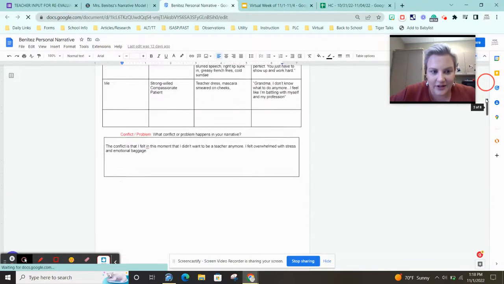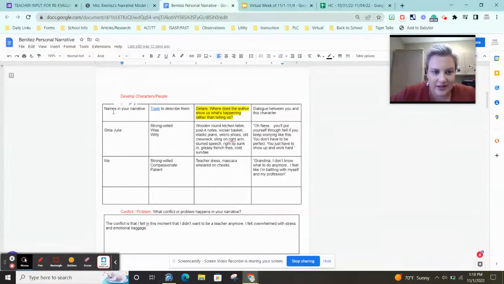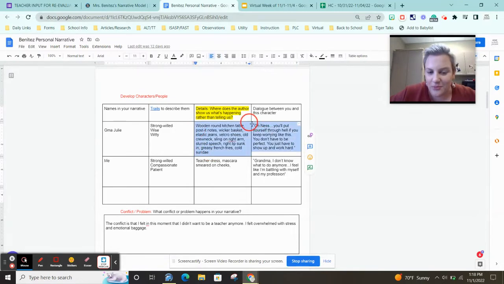Then you're going to fill out characters in your story, including yourself, traits to describe them, where you can click here and find some traits to describe them, details about what happened in that memory, and then some dialogue that you remember in that memory. And you can make some up with this.